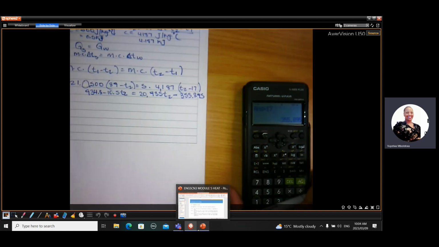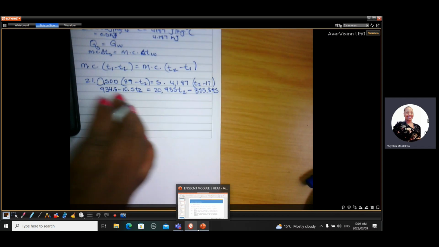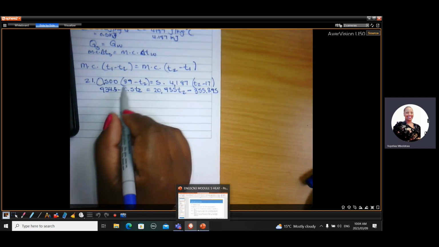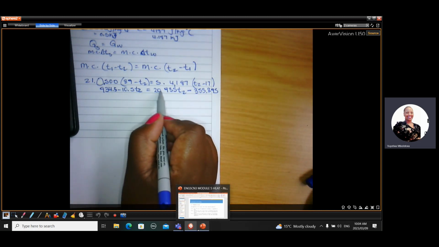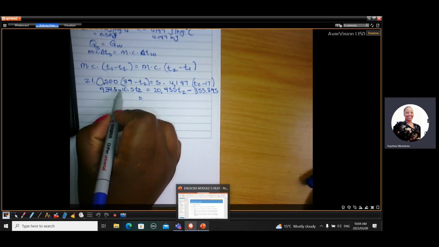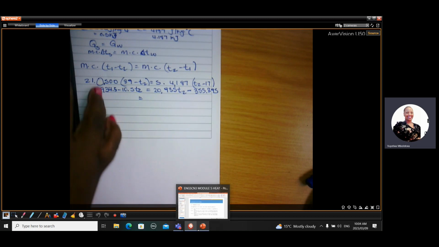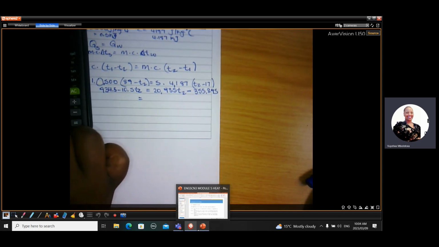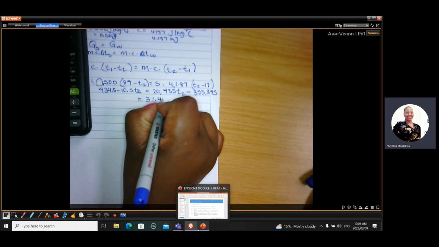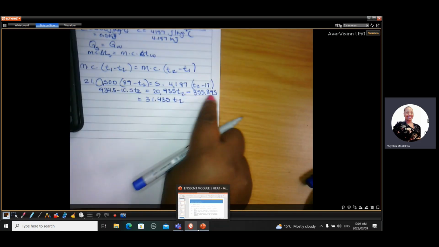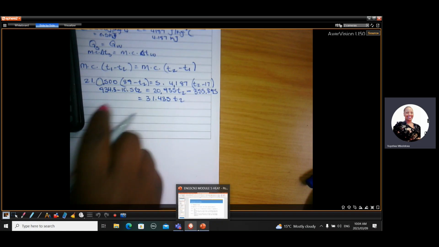Okay. So what I'm going to do, I'm going to bring like terms to the same side. I'm going to take 10.5 and add it to 20.935, because it's going to come this side and become positive. So it's 20.935 plus 10.5. It gives me 31.435 T2. And then I take this over to this side, and then it becomes positive.